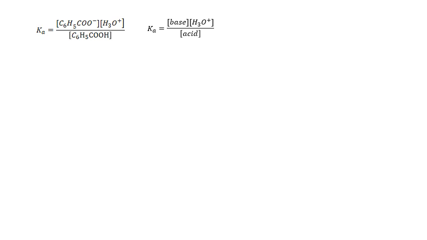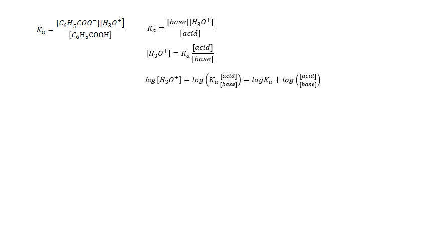I want to get a relationship for pH out of this, so let me rearrange first to solve for the H3O plus. H3O plus is Ka times acid over base. And then it'd be nice to get toward pH, right? So let's take the log of both sides.